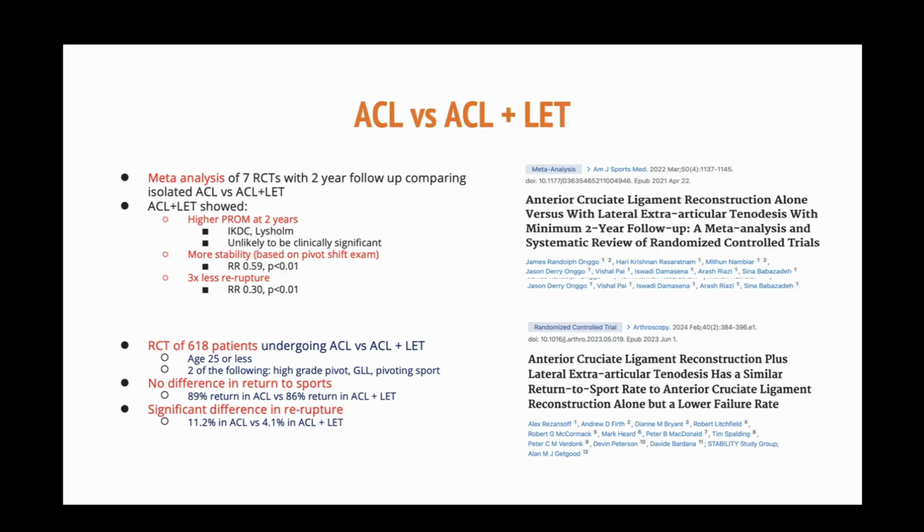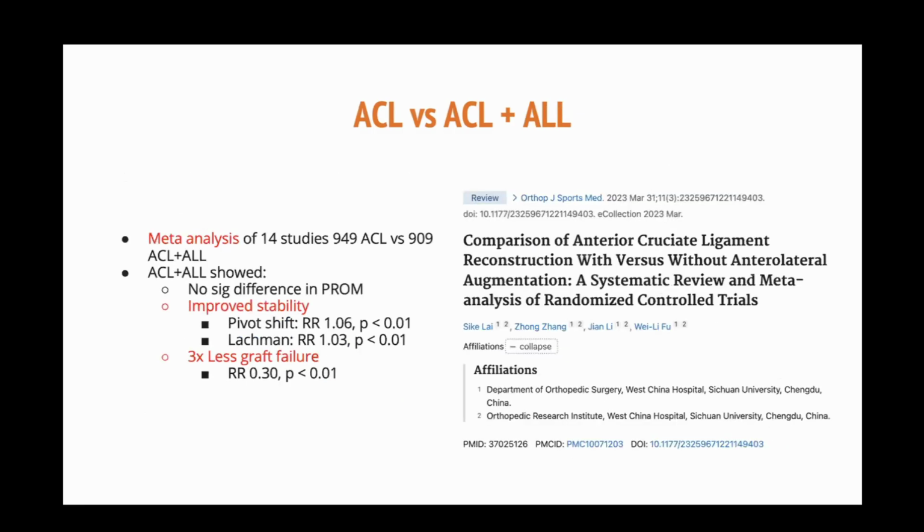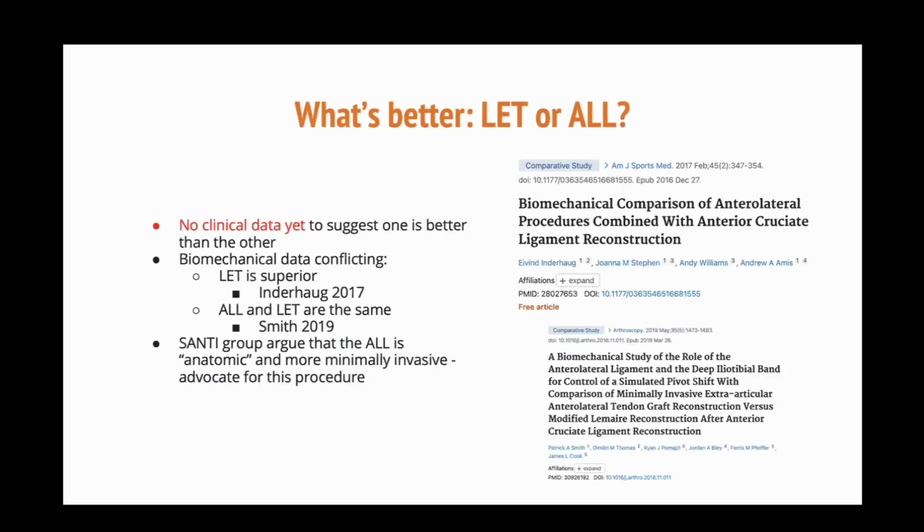So that's almost a threefold difference, which is the number that keeps coming up in the literature. When we look at the ALL reconstruction, we have similar findings: ALL reconstruction improves stability, and in the meta-analyses, 3 times less graft failure, but limited data that this can actually improve return to sports or outcome measures.